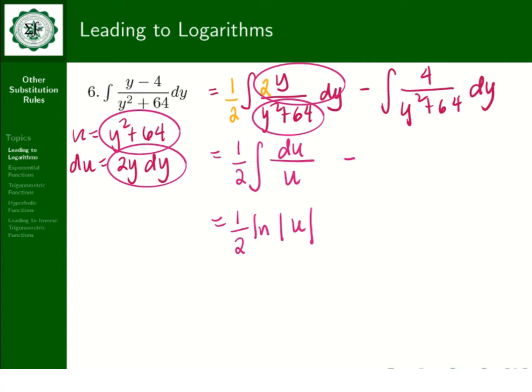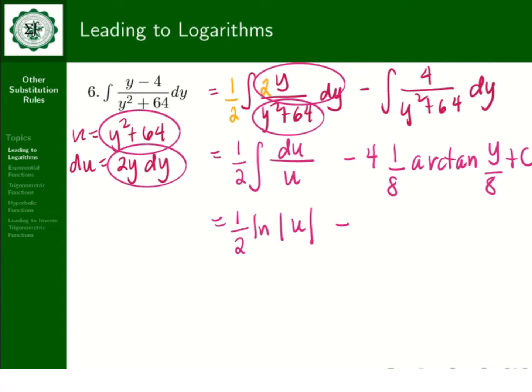Now for the second term, we have 4 over y squared plus 64 dy. So we'll be factoring out 4. And if we recall the basic formula, we find that this is equal to 1 over 8 arctangent of y over 8, and then we put the plus c.